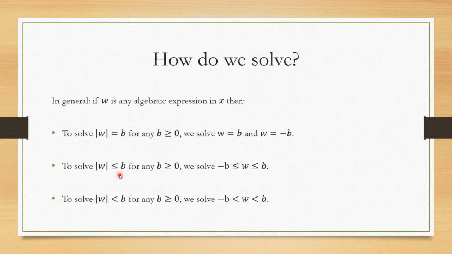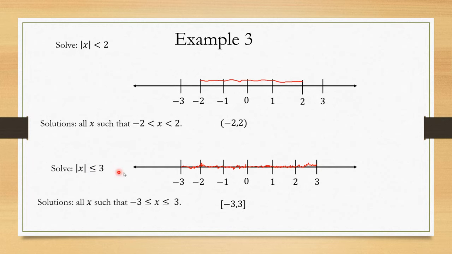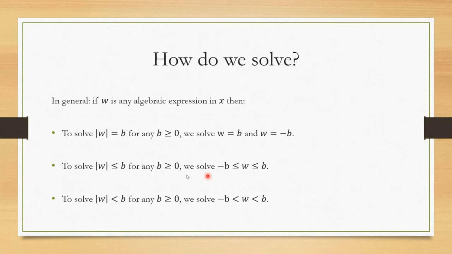Here, for this inequality, to solve this, you want to solve this compound inequality. And why is that? Well, it's really just by what I did before. You know, the way I solved this here, the idea behind it. That's why you solve it by solving this compound inequality.